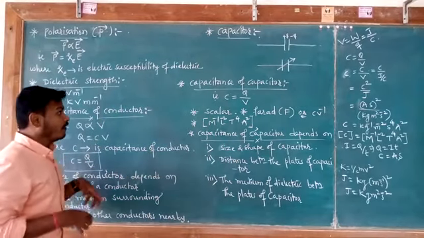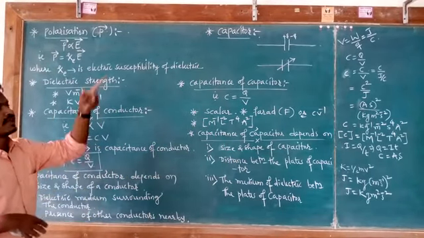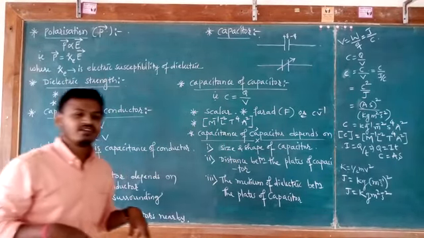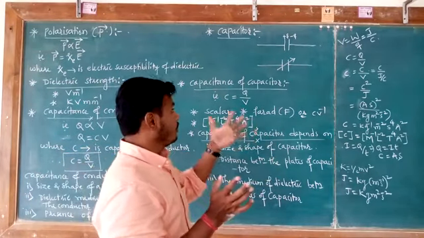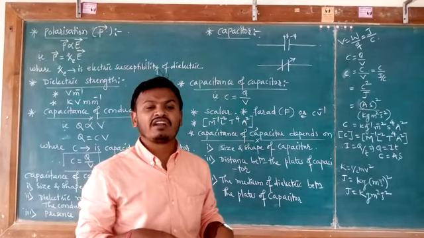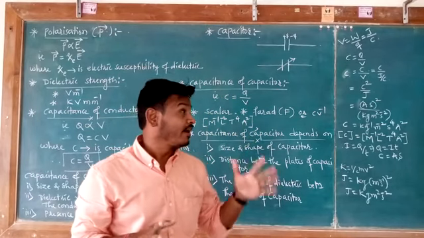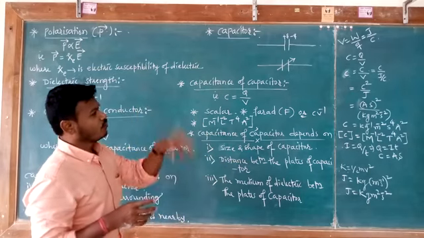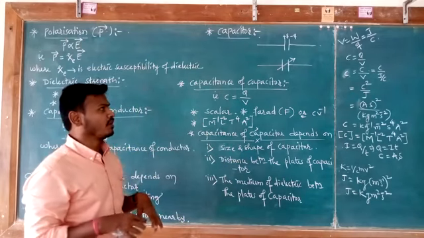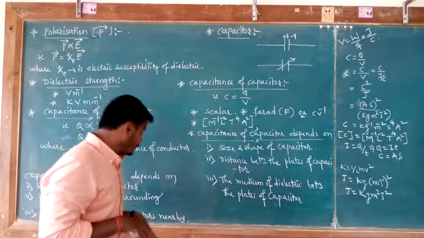One more parameter, from the syllabus point of view, is the capacitor. A capacitor means a system of two conductors separated by a dielectric medium. In other words, a system of two conductors separated by an insulator is known as a capacitor.